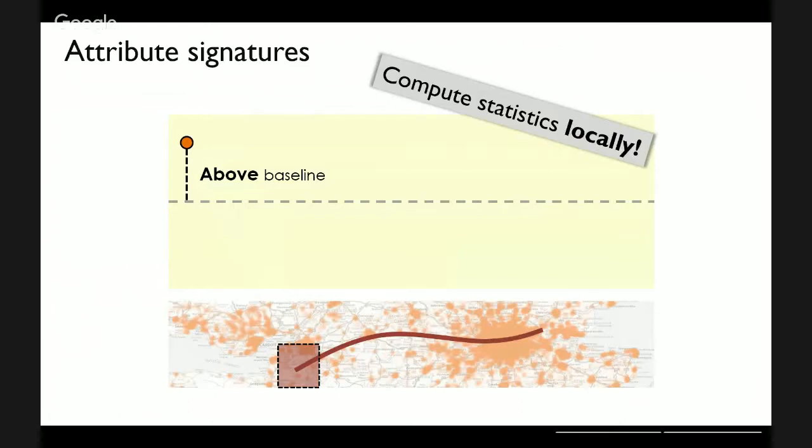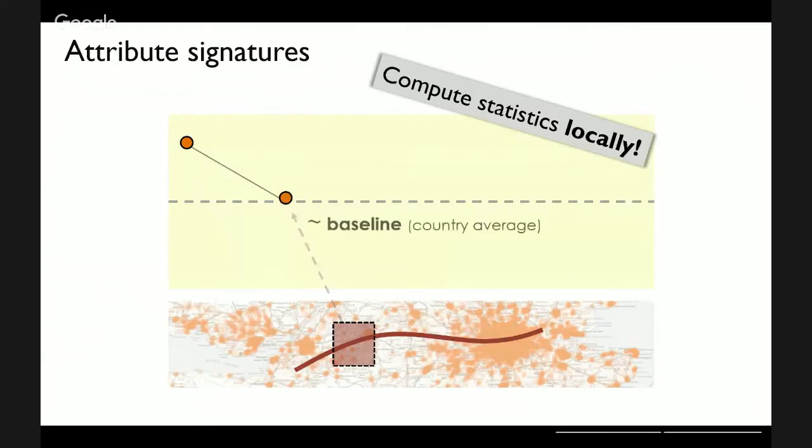And we assign a baseline and compare the local statistics around this area to the country average. So in our case, the baseline is the country average. The first point that we computed was above the country average, so it ended up above this baseline.